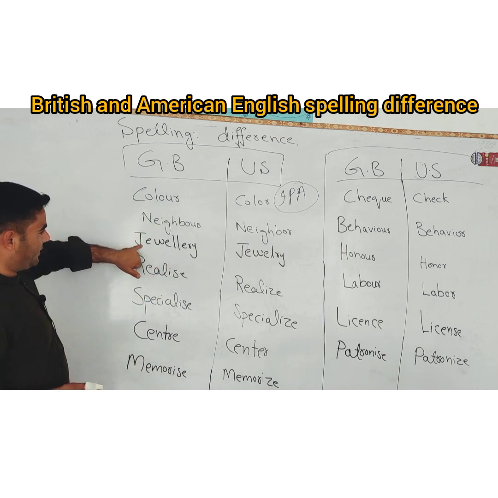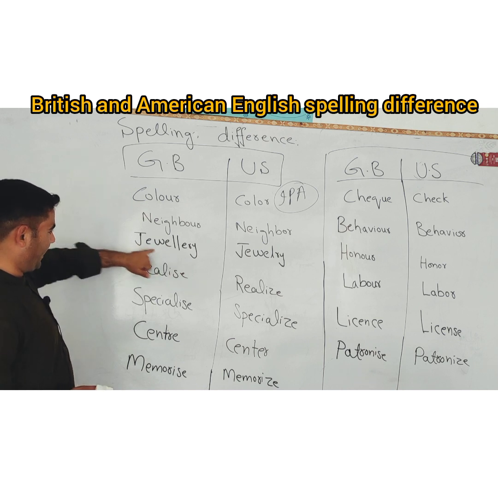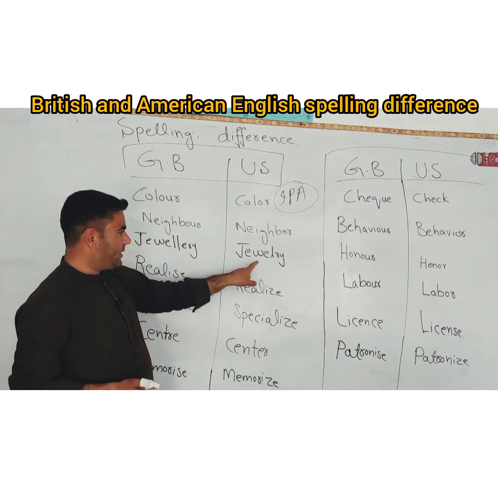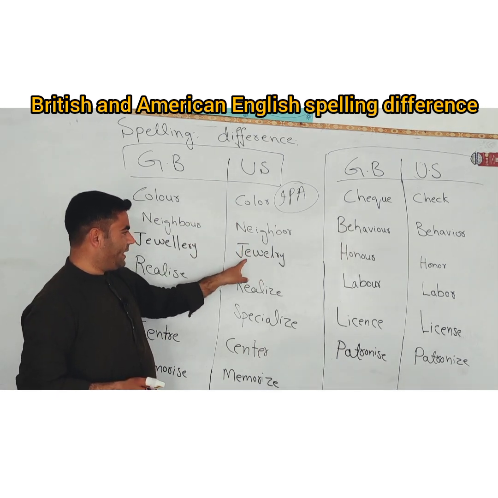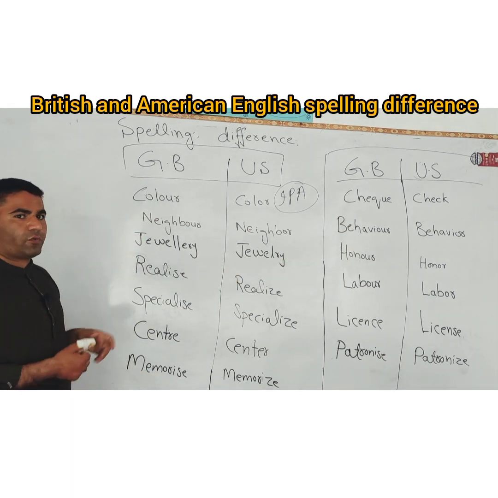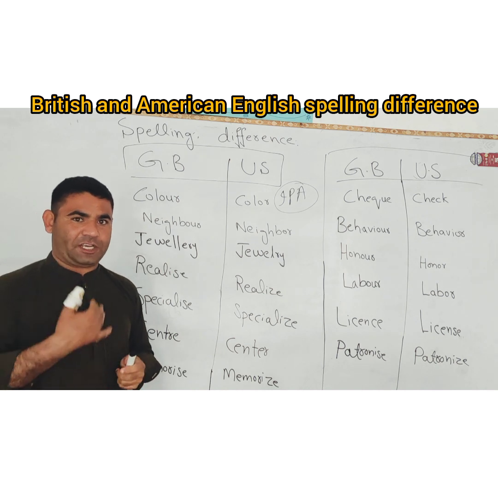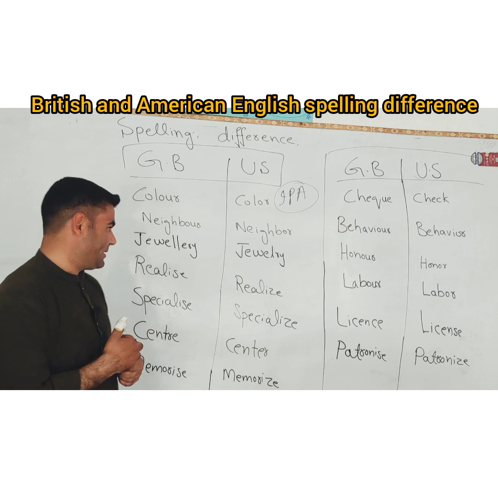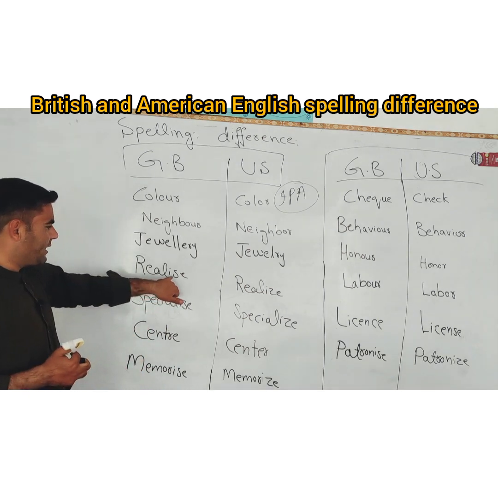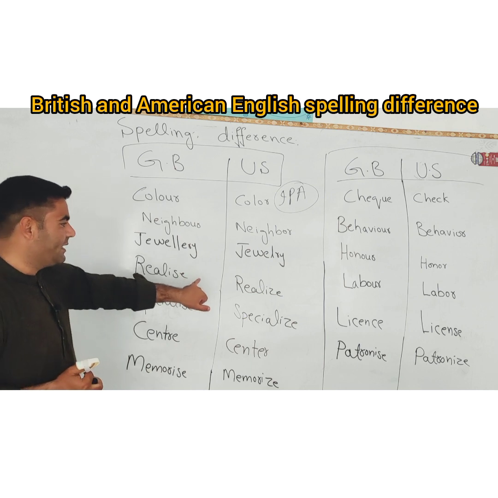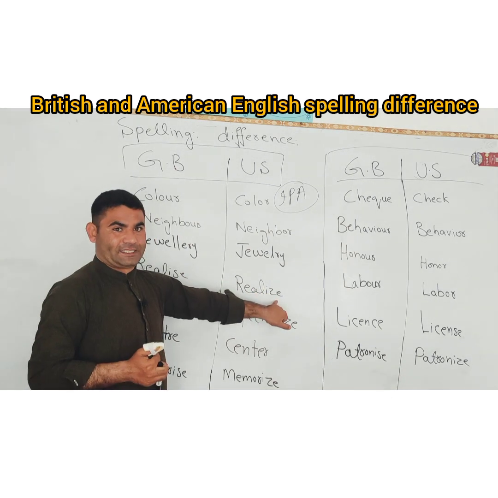Jewellery: you see that there is a double L in British English, L-L. And if you look at the American spelling, there isn't an L-L, J-E-W-E-L-R-Y. Now the words like realize, specialize, memorize, recognize, in British English they end with S-E, while in American English they end with Z-E.